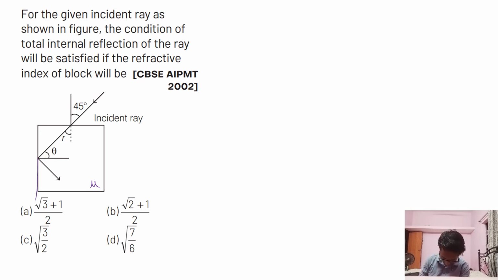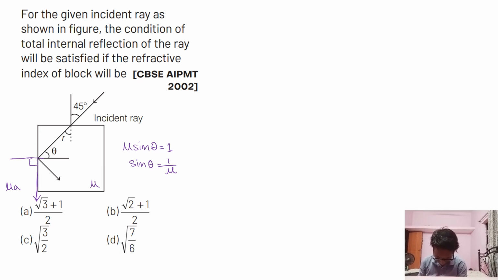The ray would go through this surface, making 90 degrees with the normal. So just at the start of reflection, can I say mu of sine theta is equals to, what is this medium? Mu of air, and mu of air is 1, and mu of air into sine 90 is equals to 1, or sine theta should be equals to 1 by mu.